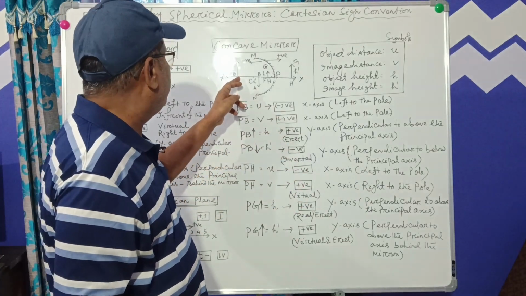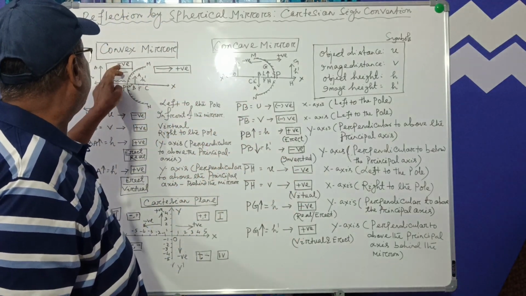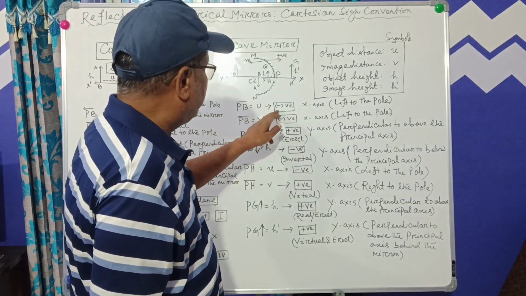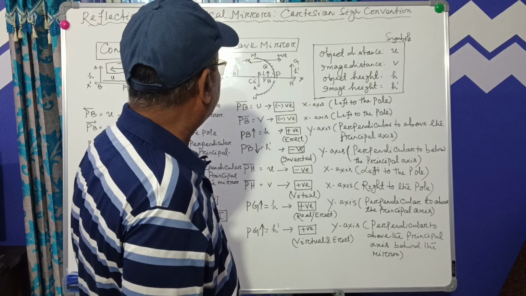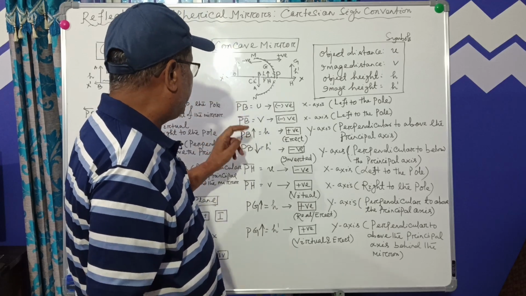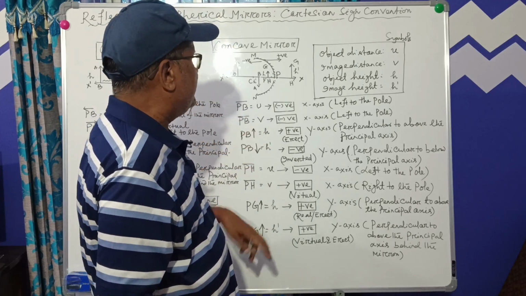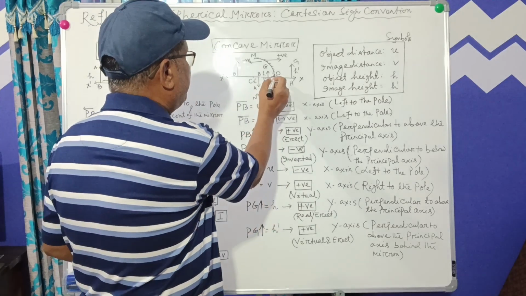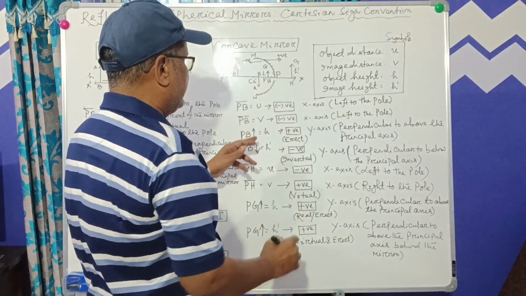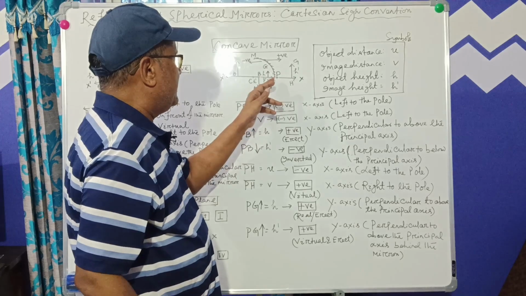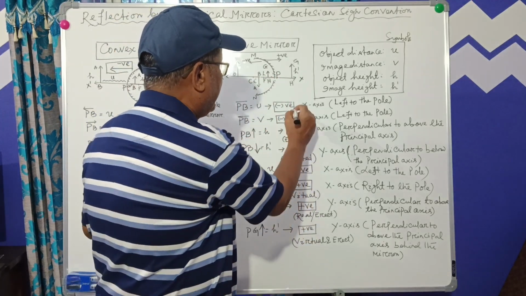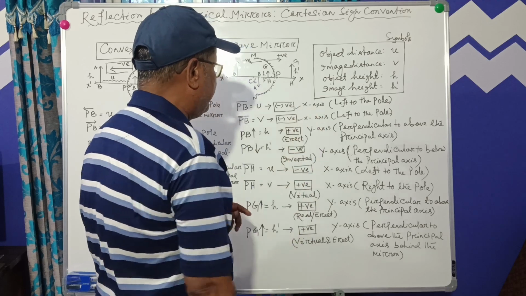Here PB is negative. Now the image distance v: the image is formed at a point, and the distance from P to it is called the image distance. That is also to the left of P, so it is also negative.